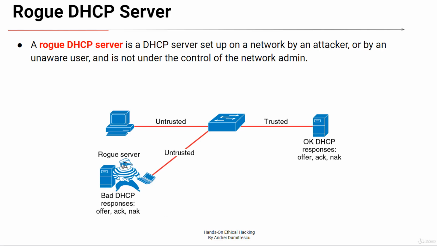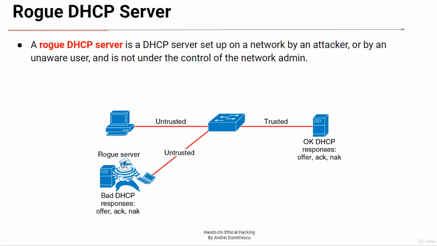Once the default gateway IP address of the network devices is changed, the network hosts start sending the traffic destined to outside networks to the attacker's computer. The hacker can now capture sensitive user data and launch a man-in-the-middle attack. This is also called a DHCP spoofing attack.